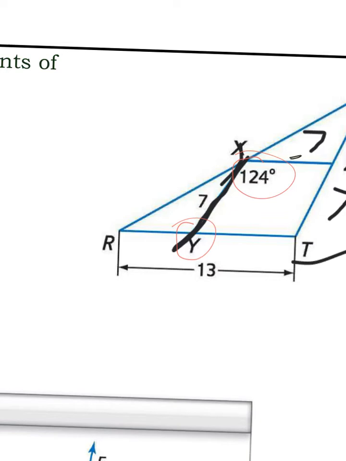So like this line is parallel to this line, which means I have alternate interior angles with 124 and angle RYX, because I'm looking for this right here on the inside.